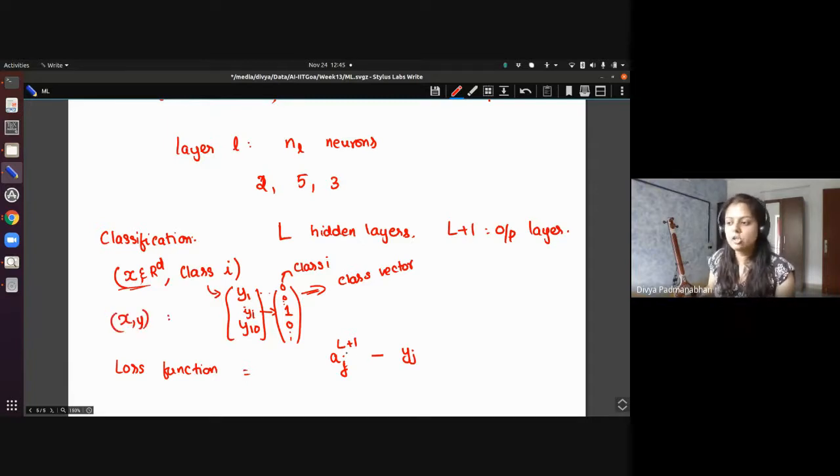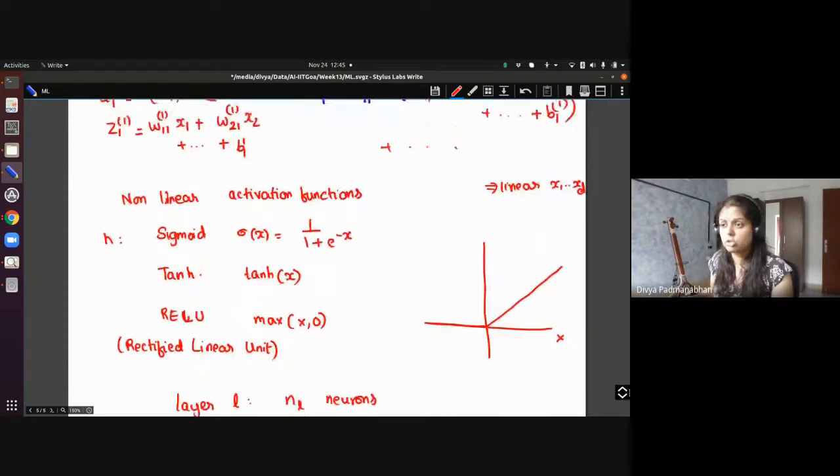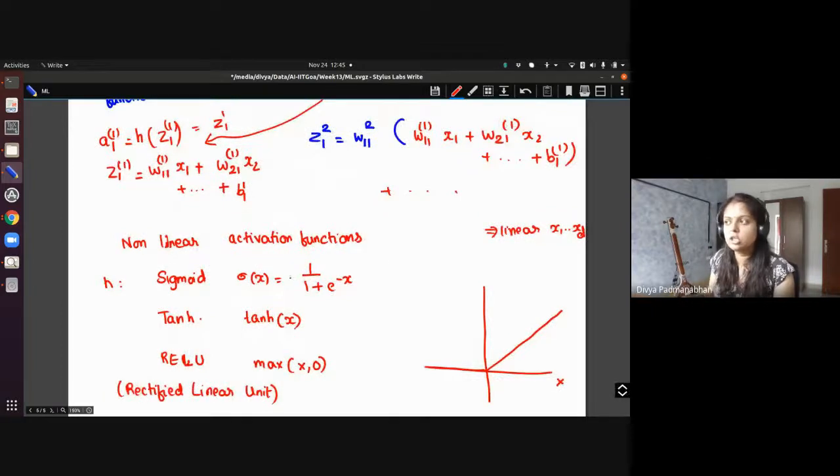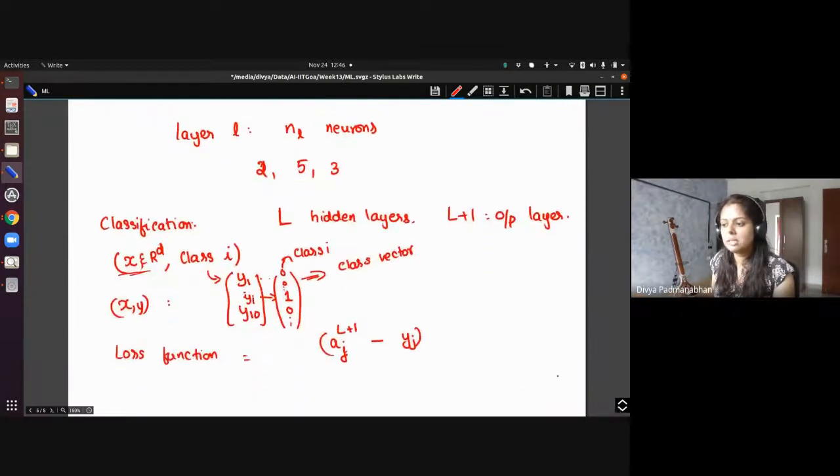What you're trying to minimize is this difference. aj^(L+1), depending on what kind of function. If you use the sigmoid function, you get values between 0 and 1. You want to see how close this is to yj. You can take the square difference and minimize it, for every neuron, so for every class, whatever value you got.